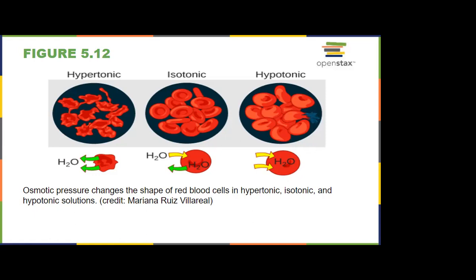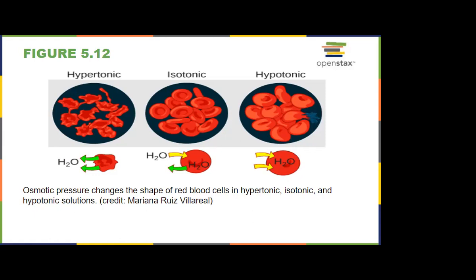So when we're looking at these definitions, what you're looking at is the definition of the solution surrounding the cell, okay? So if I say that this cell is in a hypertonic solution, what does that mean about the concentration of solutes in that solution when compared to the solution inside the cell? Did you mean less inside the cell or outside the cell?